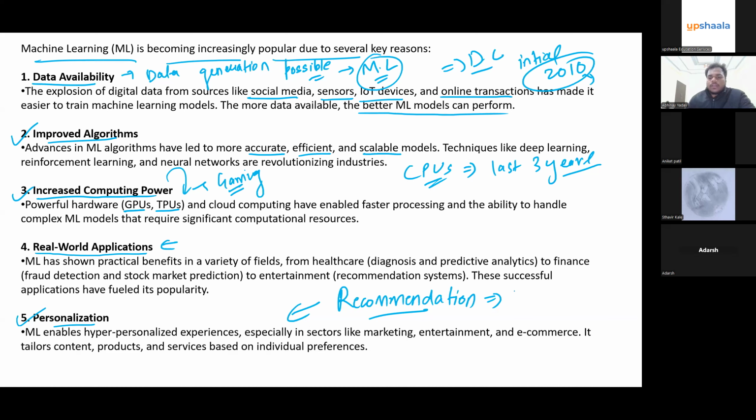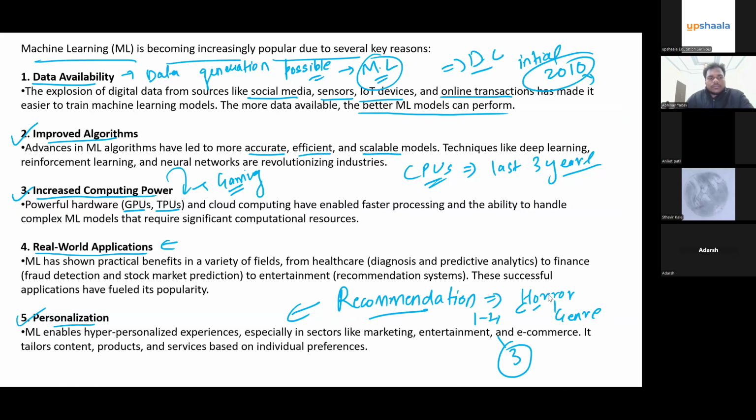Suppose you have watched 1 to 2 movies of the horror genre. It will recommend the third movie from the same genre. So this is related to the personalization concept, where the machine learning model has been used.